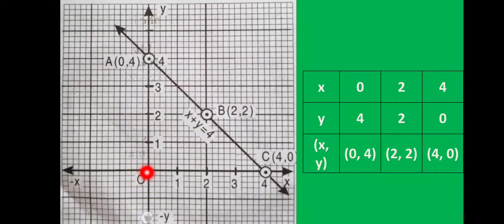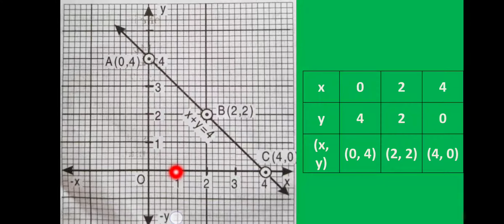Okay, this point is 0, then 1, 2, 3, 4. Each big box, the dark line box, we take as equal to 1, 1, 2, 3, 4. Now the first point is 0 comma 4, means x is 0. X 0 is here.